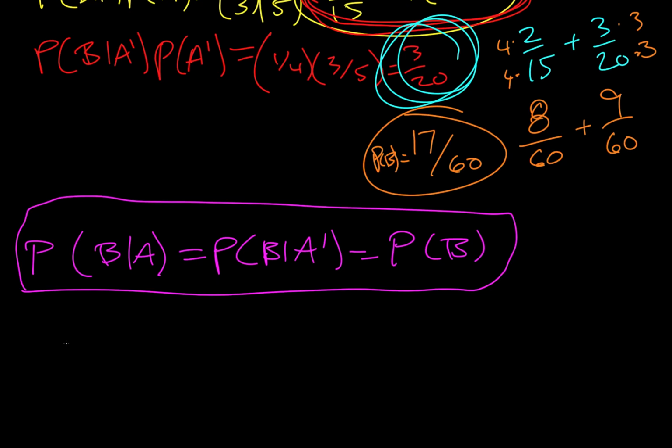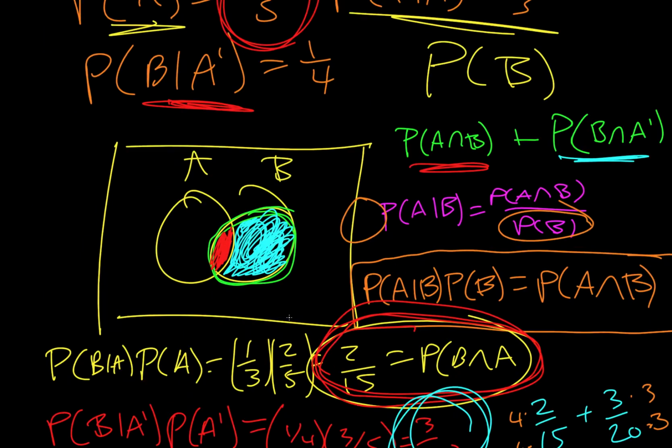So if we look at P of B is equal to, and I'll put a question mark because we don't know if it's equal to, P of B given A.